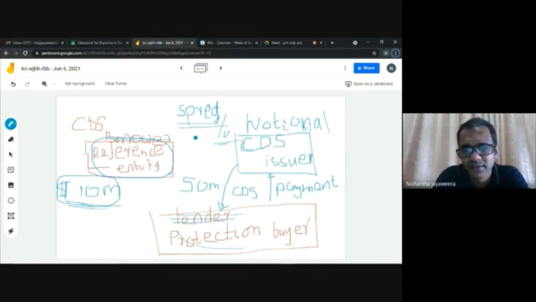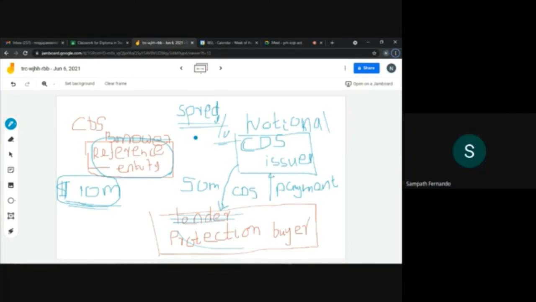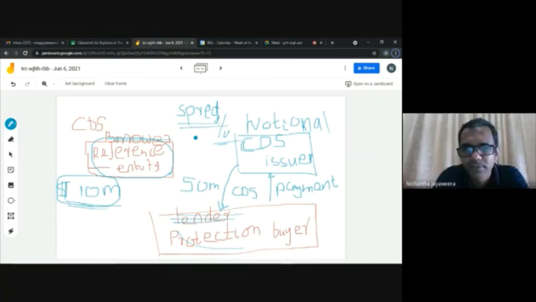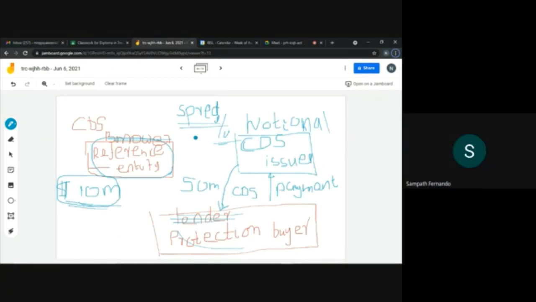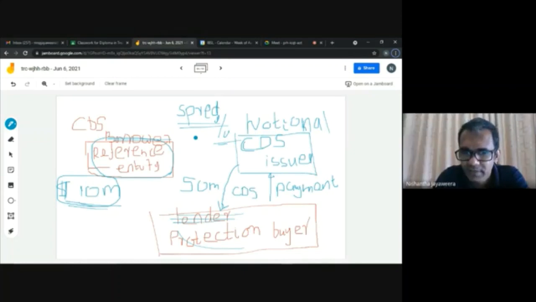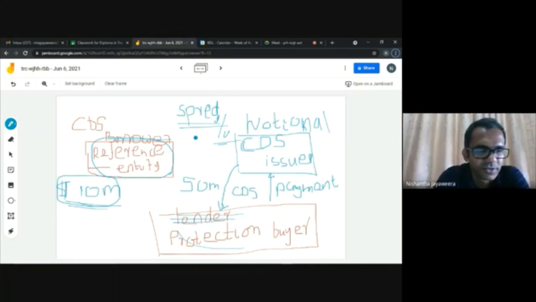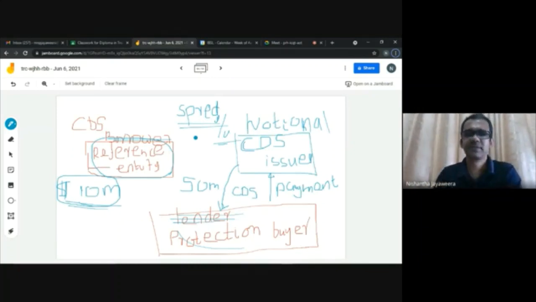So we can discuss that after. We will also discuss asset-backed securities. Now we cannot because we don't have time now, but yes, we can discuss that. Anything else?